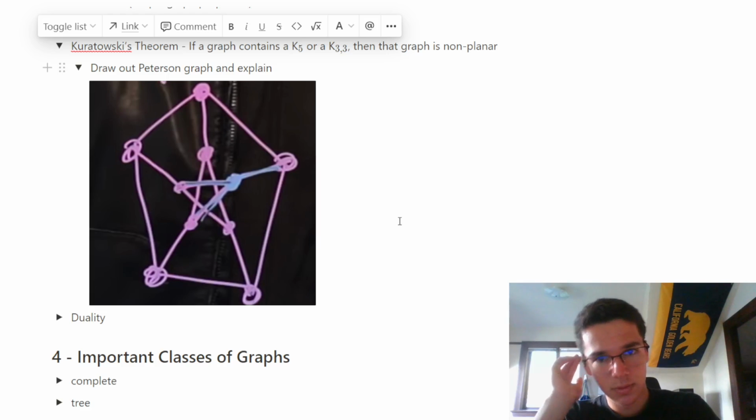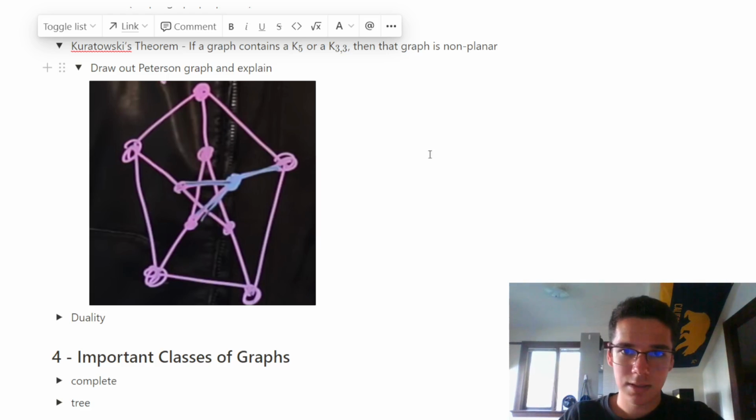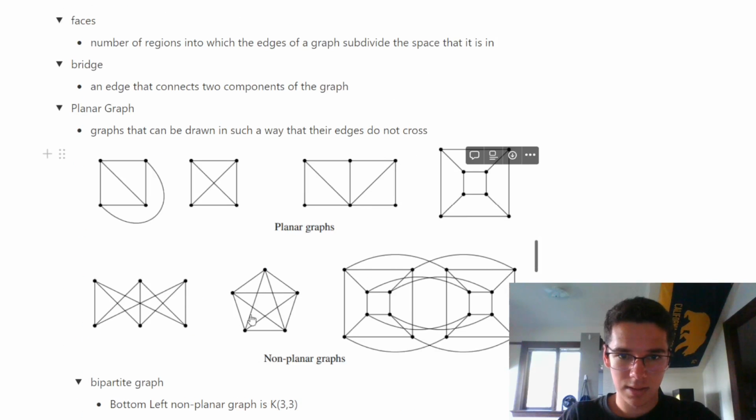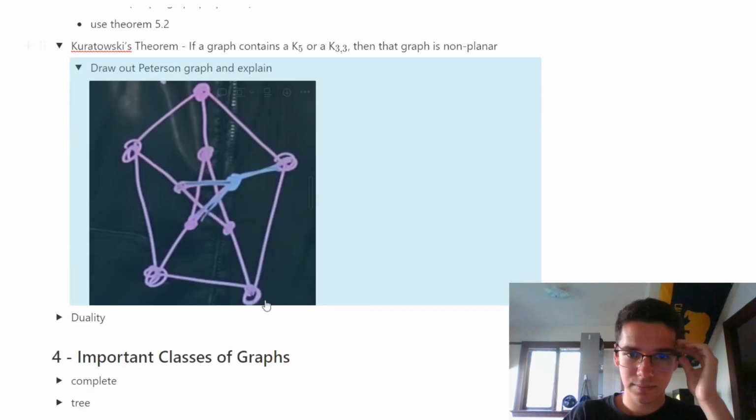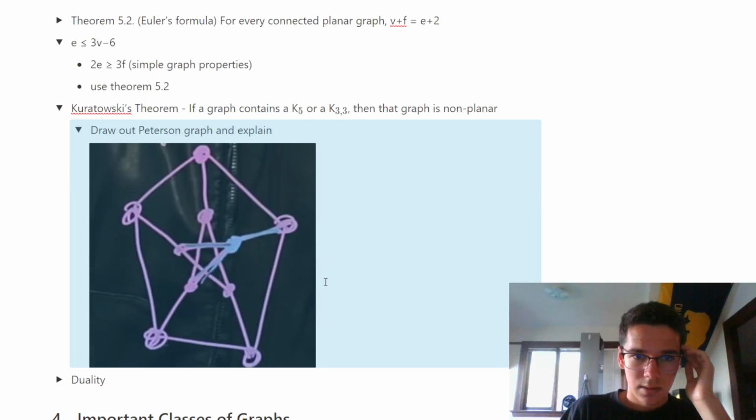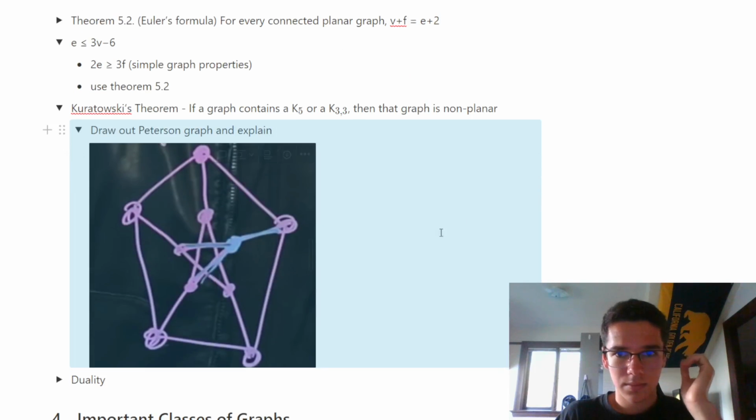What a K5 is, it's this graph right here, and then a K3,3 is this bipartite graph right here. Okay, so yeah, we're going to take this and I'm going to draw it really quick.